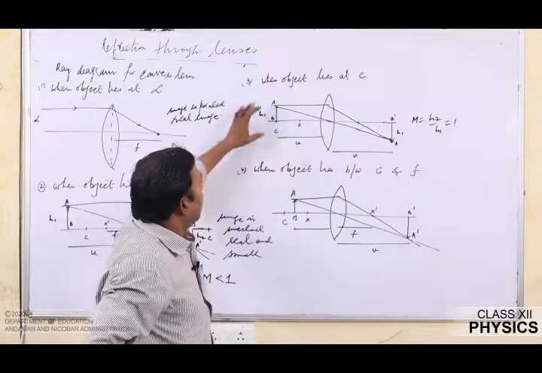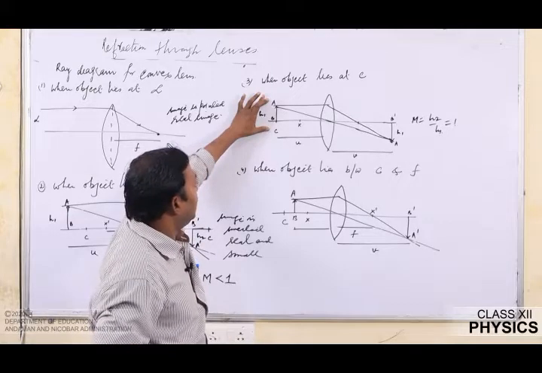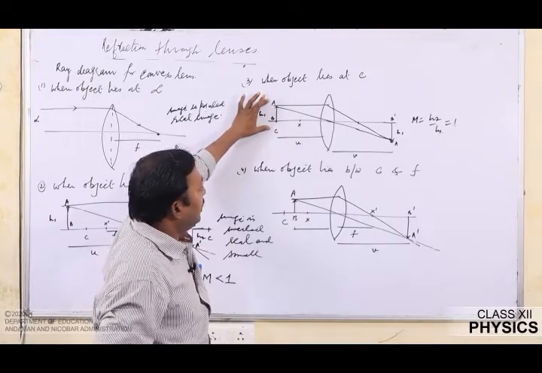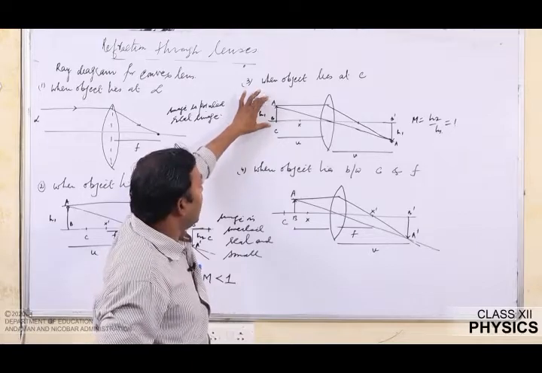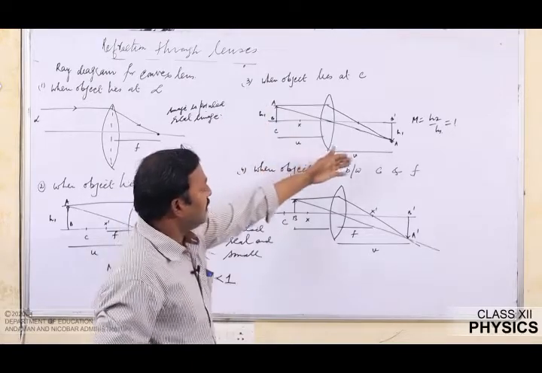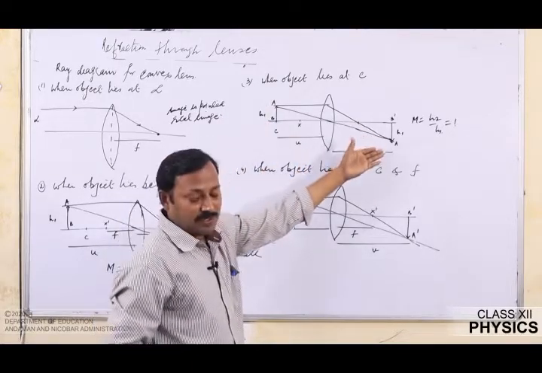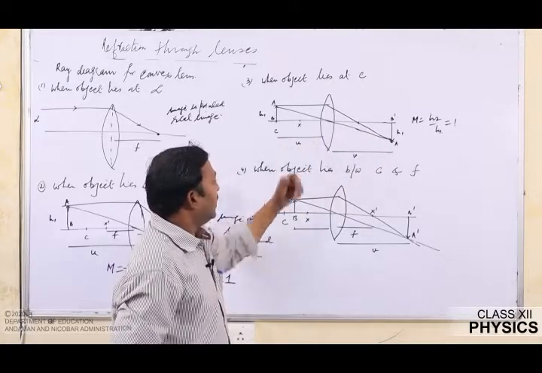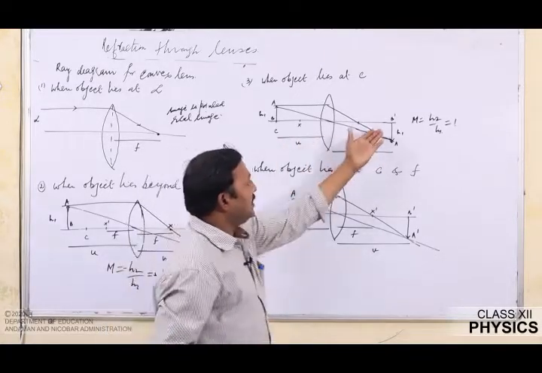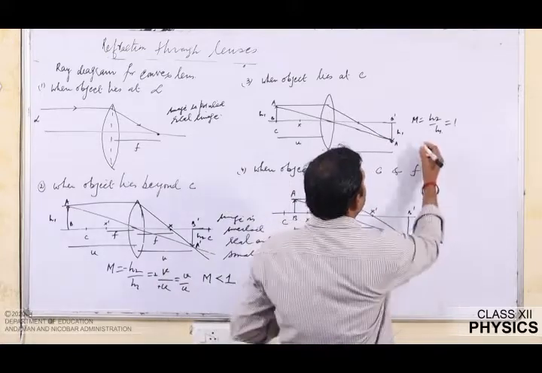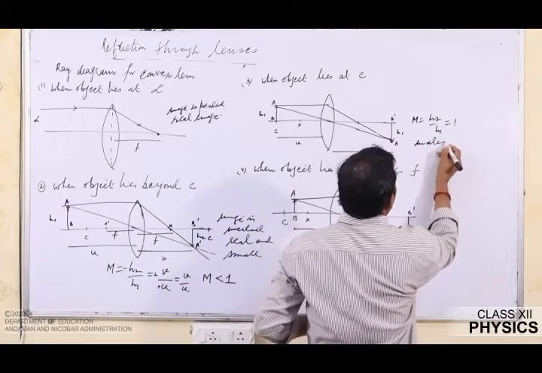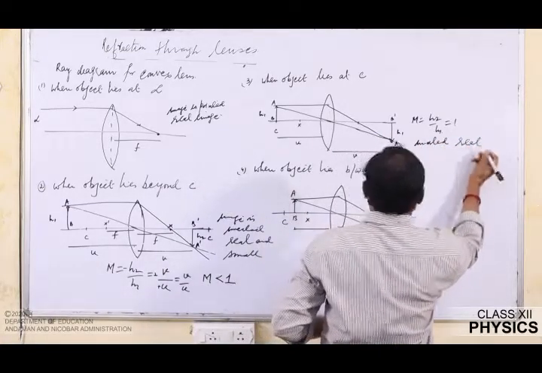When the object is placed at the center point, the height of the image will remain the same as the height of the object, and similarly the distance at which the image is formed is also equal to the object distance. So, again we will get an inverted, real image.